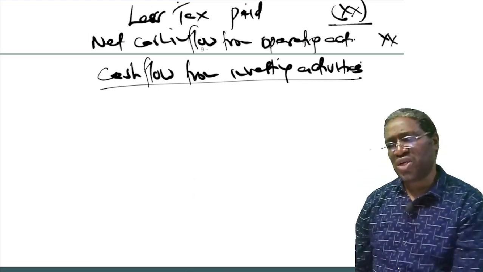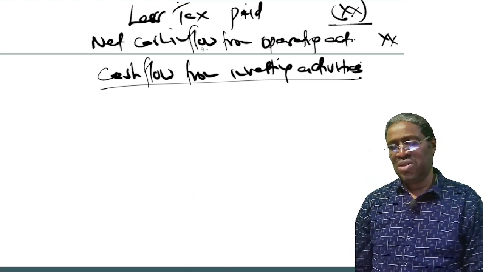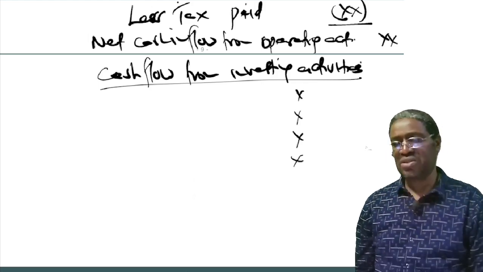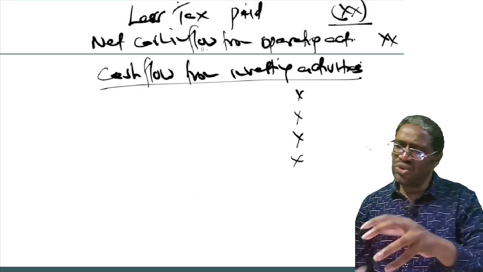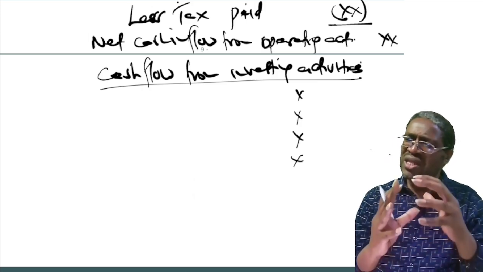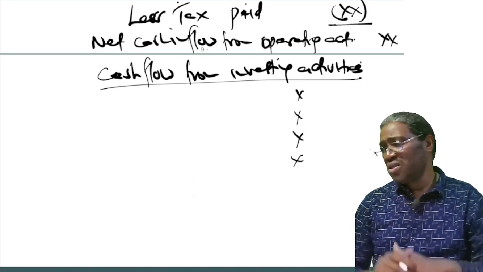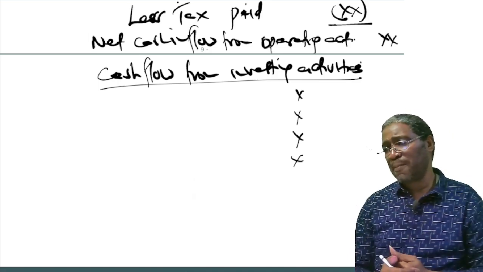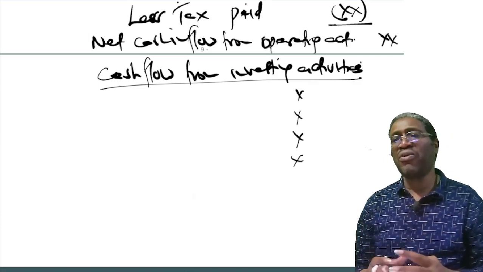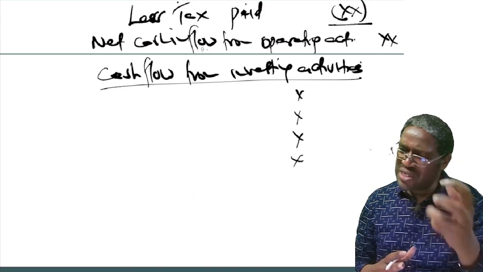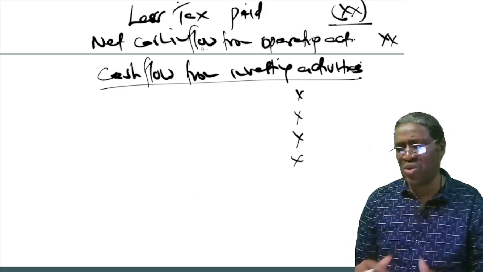But now the question again is, you have to identify the cash flows from investing activities. But before you identify them, you need to know what these investing activities are. This is not the first time you are doing the topic, you must have done it before. So you need to remind yourself, what kind of transactions were these?